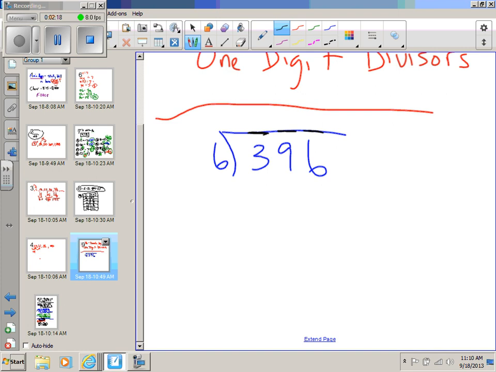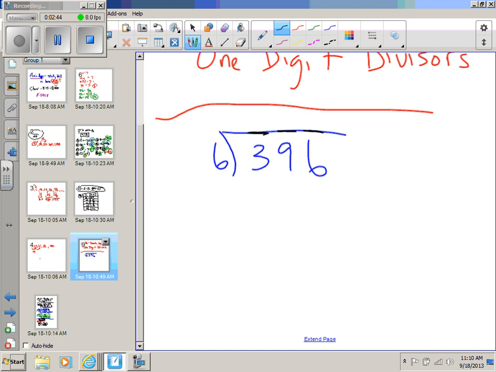Just like how you would read a book, going left to right, you do the same thing when you divide. So does 6 go into 3? No. I'm going to ask myself that question every single time. Always check that number. Do I need to put a 0 there if it's my first digit? No, I can figure that out.